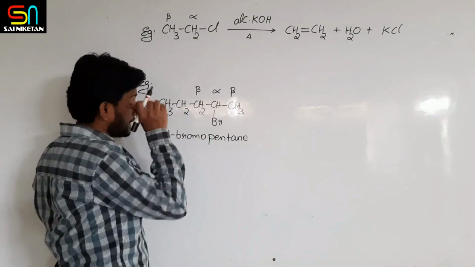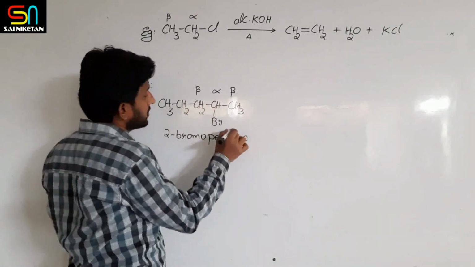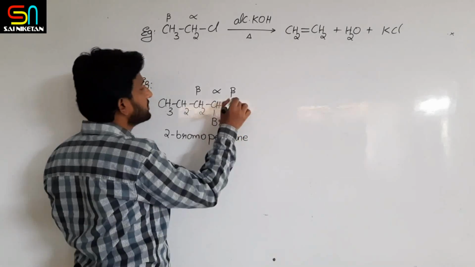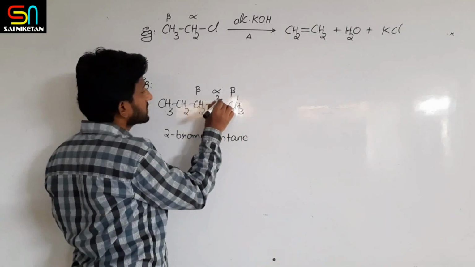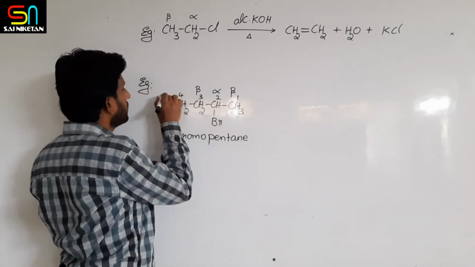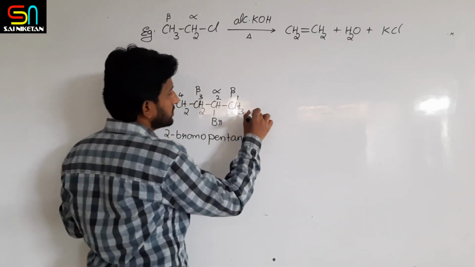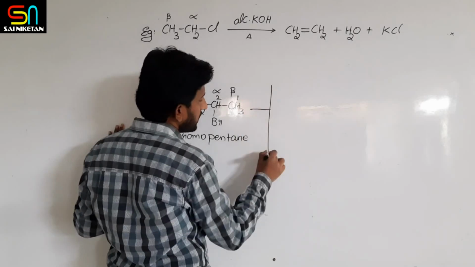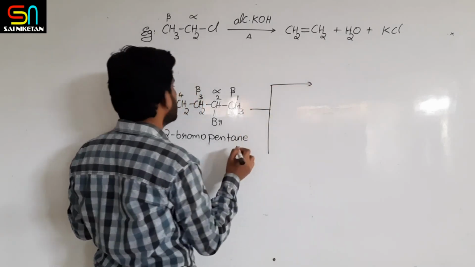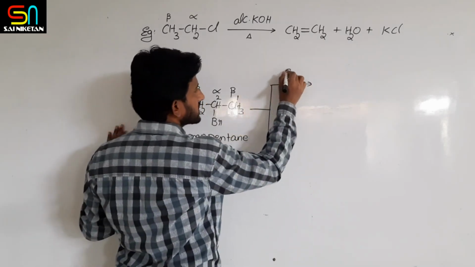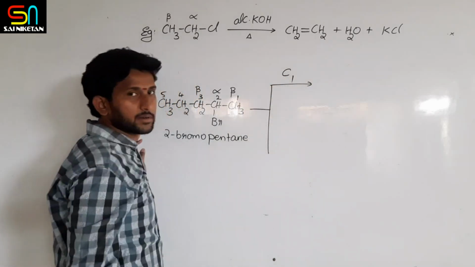Now I'll number this compound just for simplification. This is number 1, this is 2, 3, 4 and 5 carbon atoms. Let us assume initially proton abstraction takes place from C1 carbon.